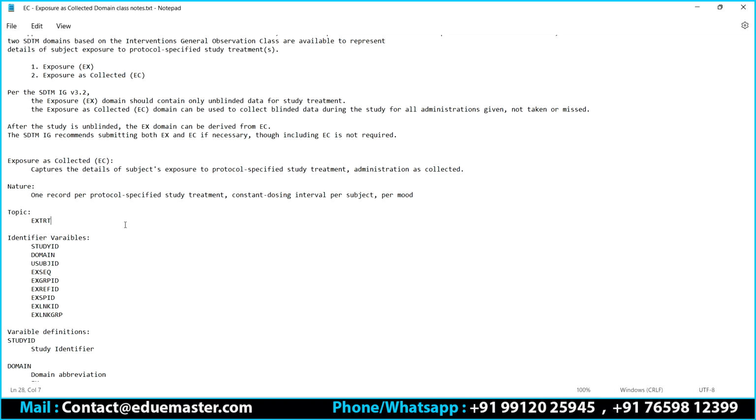Clear up to this? Now, what is going to be the topic variable? EC treatment. Then what are going to be your identifier variables? My identifier variables are going to be study ID.